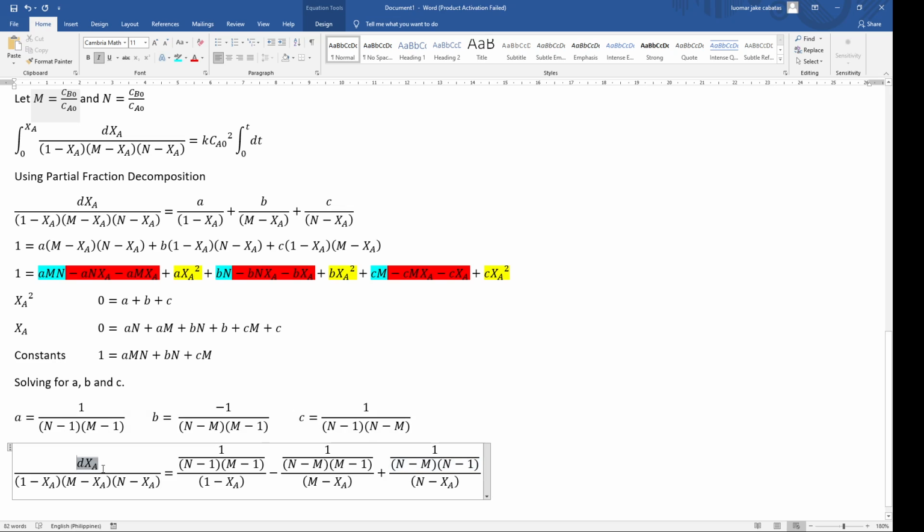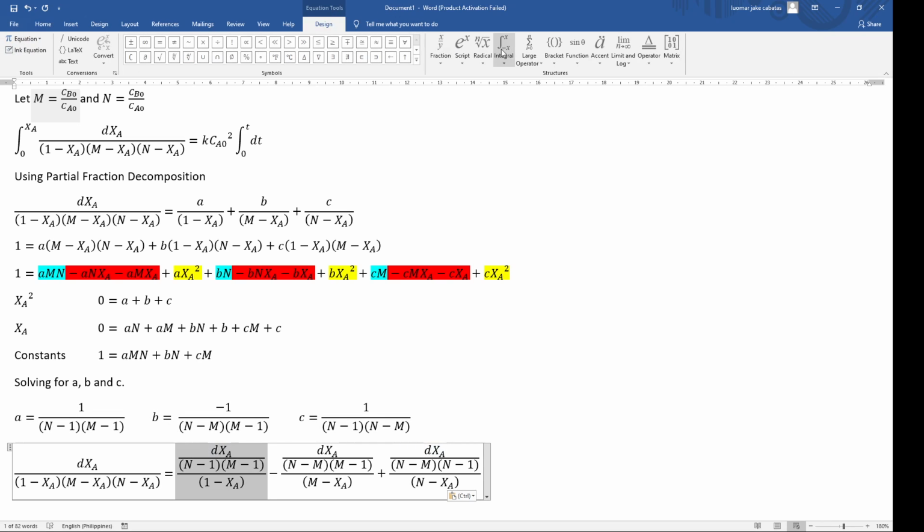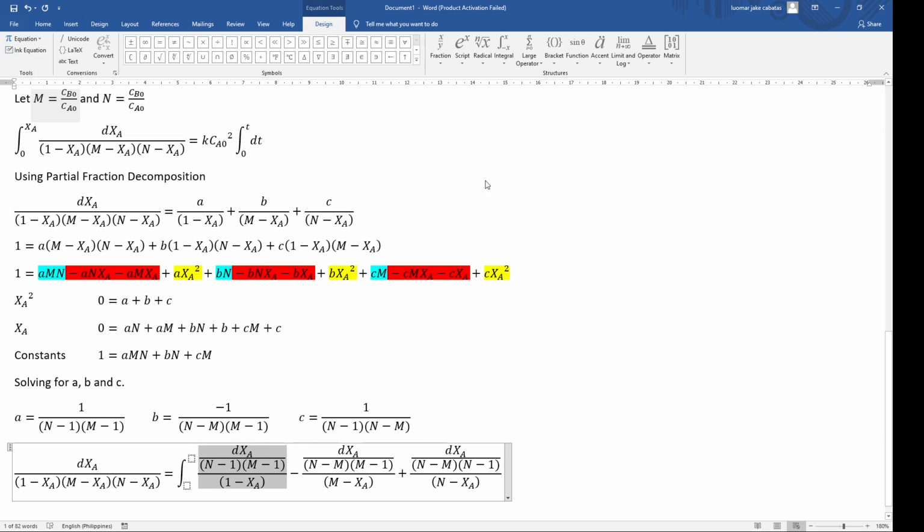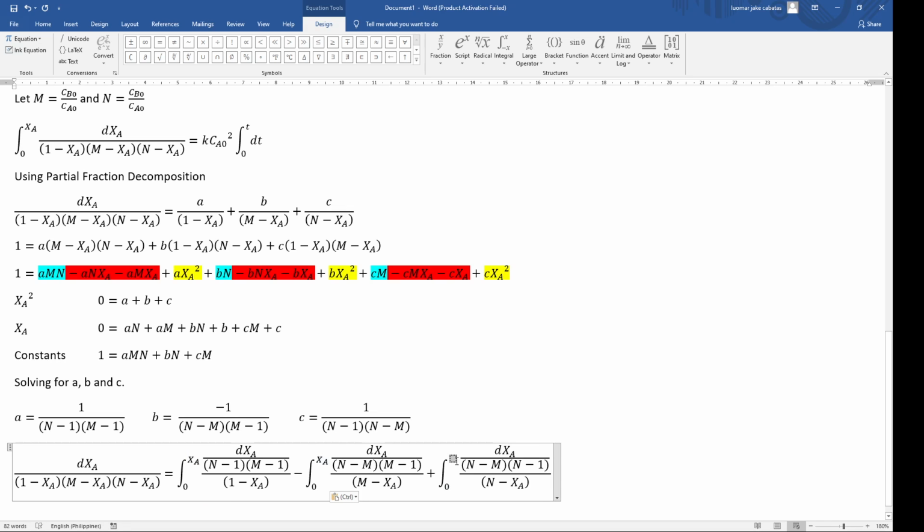Yeah, and then input the XE, and then integrate. Every one of these 0, 0, 0, XA, XA, XA, and all of this is equal to this.